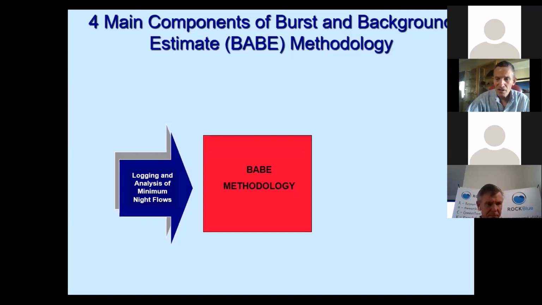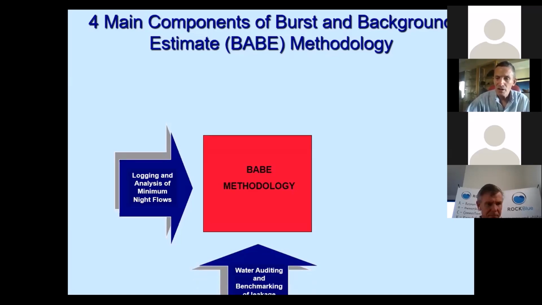So basically you're looking at the water going into an area between midnight and say 4 o'clock in the morning and trying to identify how much water goes into that area during that period of minimum night flow, and then establish how much of that water is legitimate use and the balance is then leakage of one sort or another. We're not going to discuss that today, but that is one of the pillars.